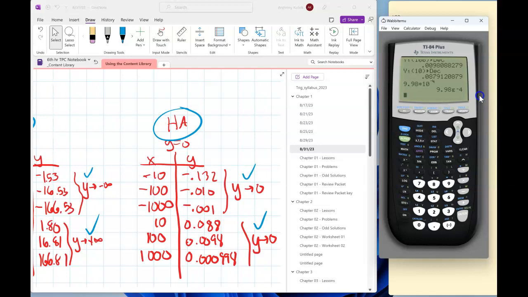Because it's easy to not read all the way to the end because you get the 9.98. Okay, good enough. Make sure you read all the way to the end. Especially if it's not what you're expecting, right? Like I would have expected that number to be smaller than the previous. To get 9.98 there is kind of weird. Okay.